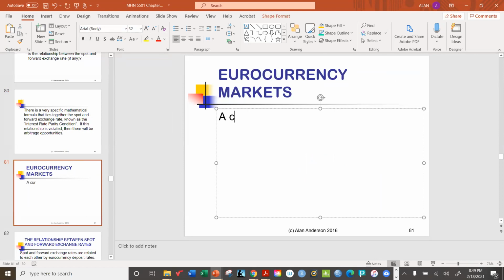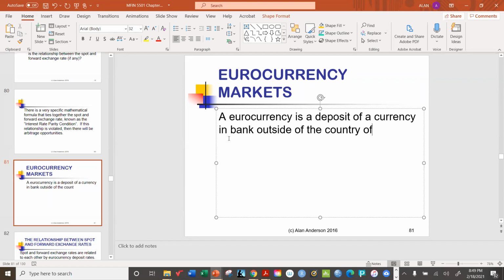A euro currency is a deposit of a currency in a bank outside of the country of origin. So, for example, euro dollars are typically, they don't have to be, but they're typically dollars deposited in British banks.